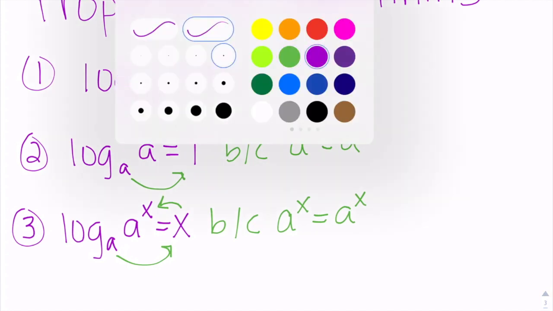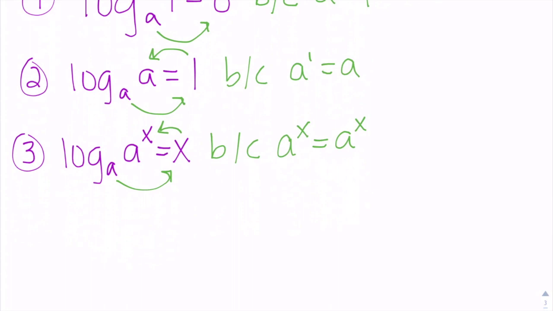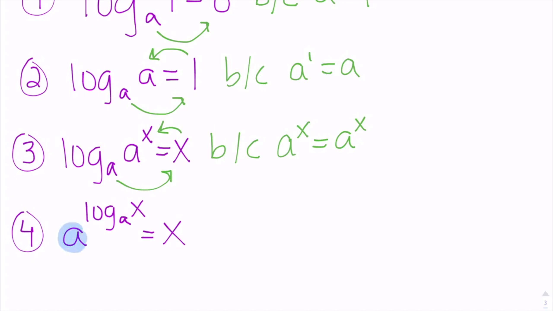Property 4: a to the log base a of x equals x. Whenever the base of your exponent equals the base of the logarithm in the exponent, your answer is the argument of that logarithm, x.